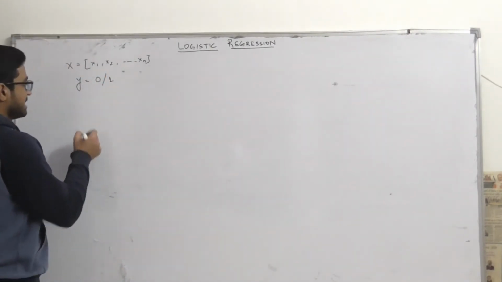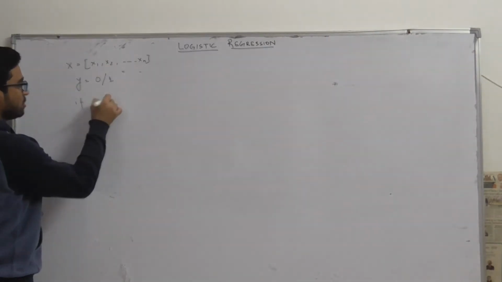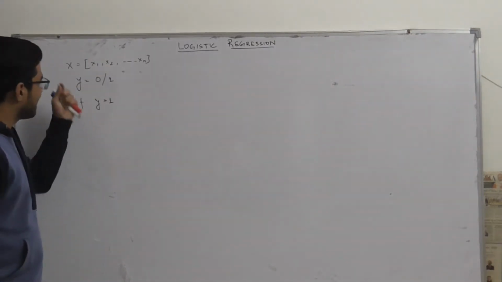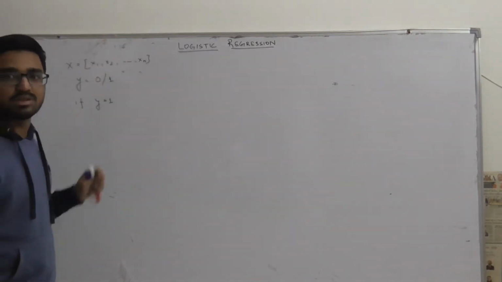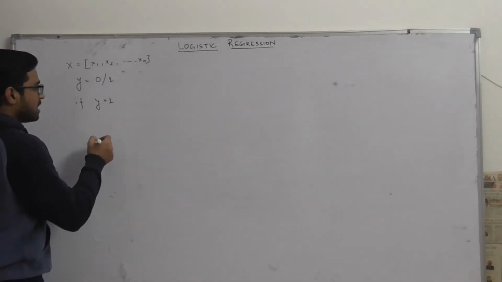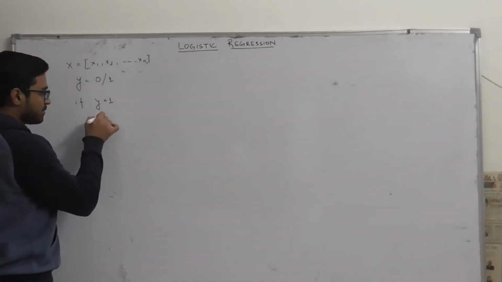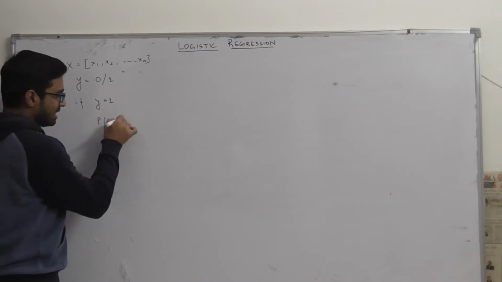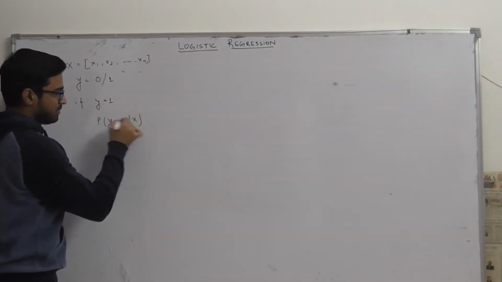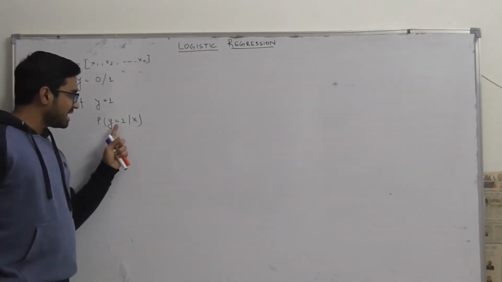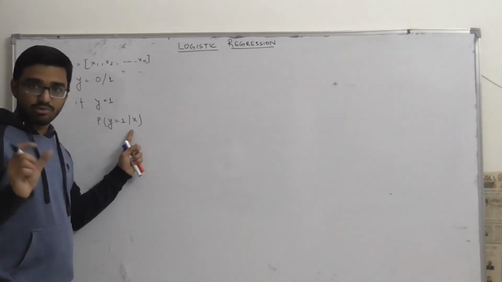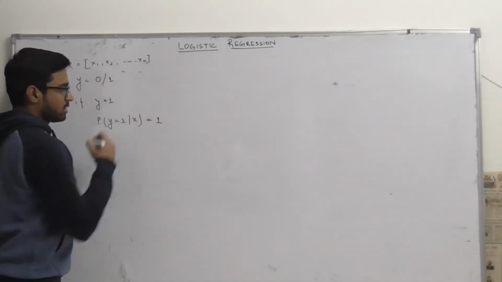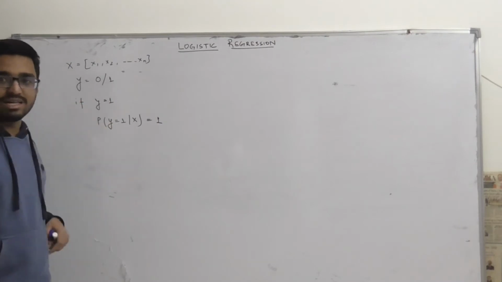Let us suppose y is equal to 1 for any set of observations. Then I can say that the probability of y equal to 1 given x is 1, because we know that y is 1.